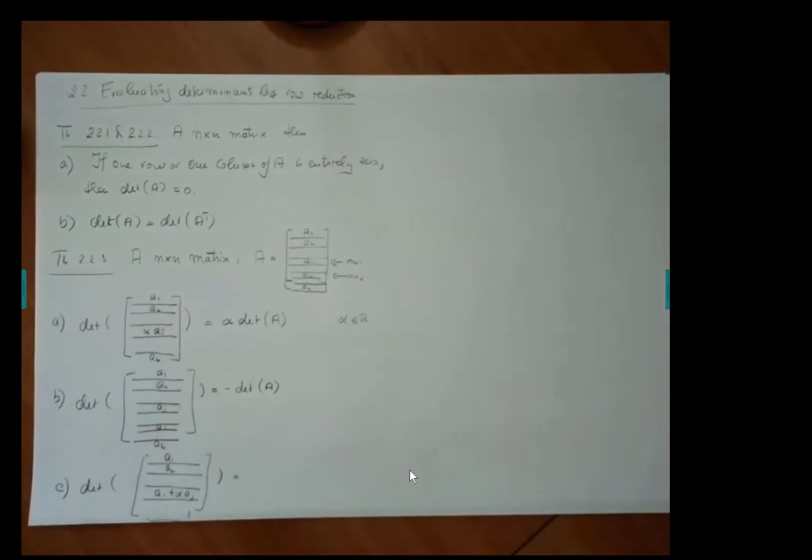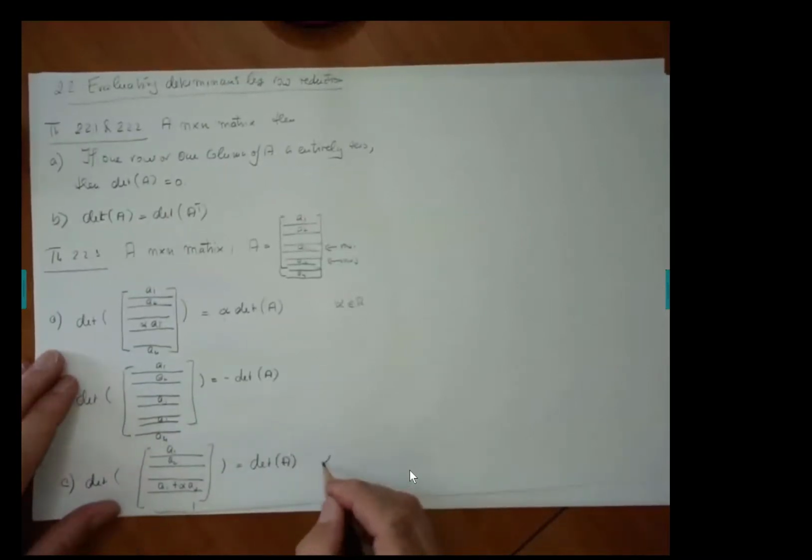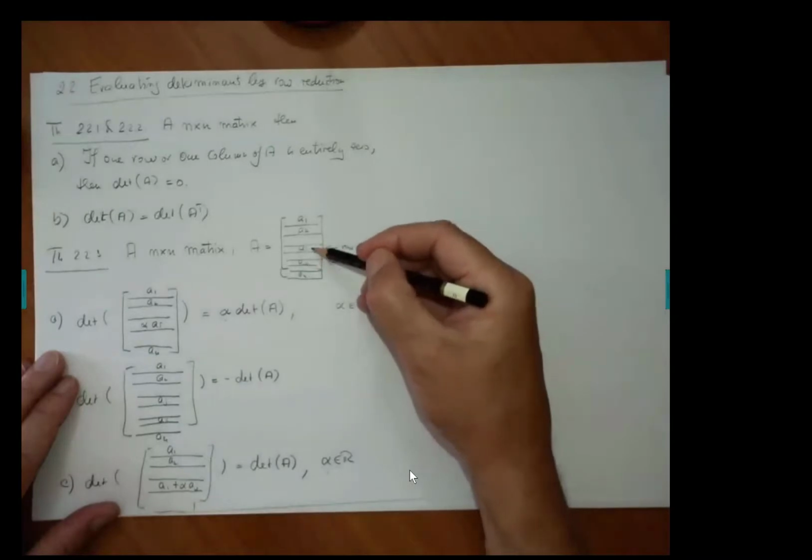It turns out that doesn't change the determinant. That is equal to determinant of A. Again, alpha can be an arbitrary number in the reals. So adding a multiple of one row to another row doesn't change the determinant.